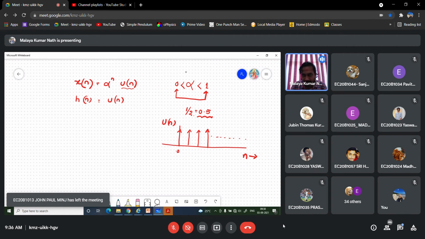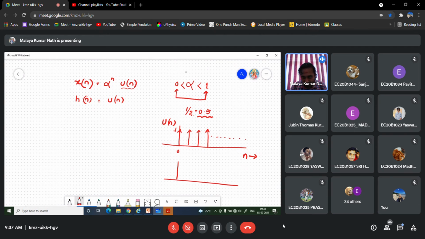Now when I multiply 0.5 with this, the value will reduce from 1 to 0.5. At 0 its magnitude will be 0.5, at 1 it will be 0.5, at 2 it will be 0.5, like this. I hope it is clear.